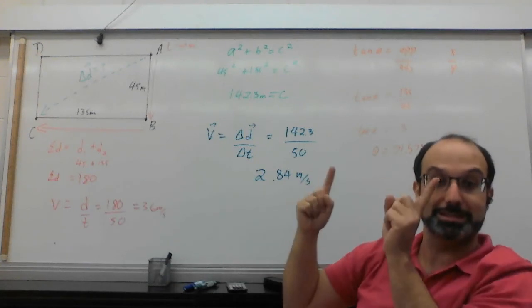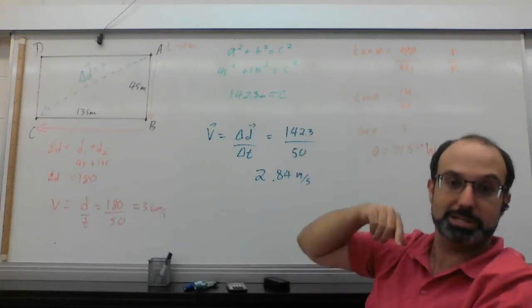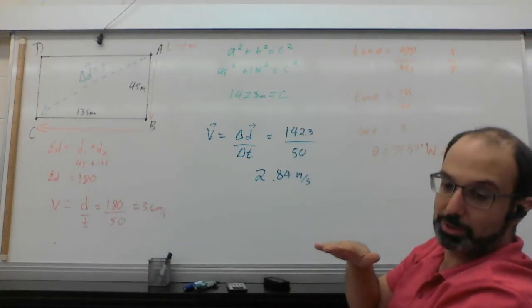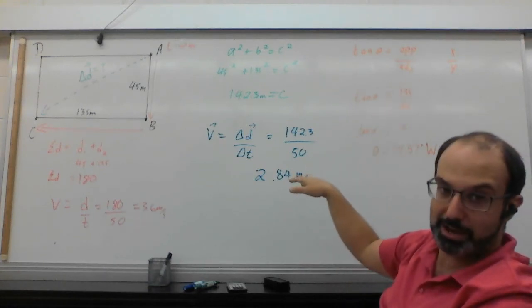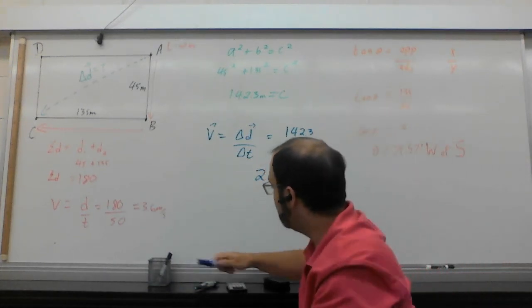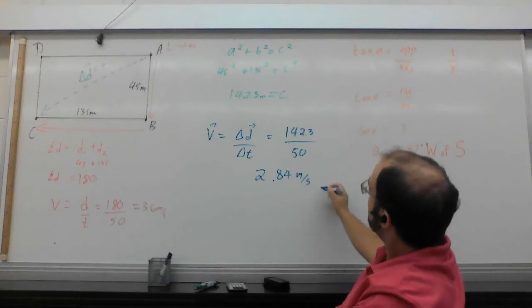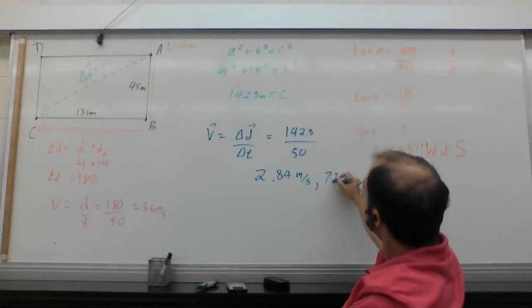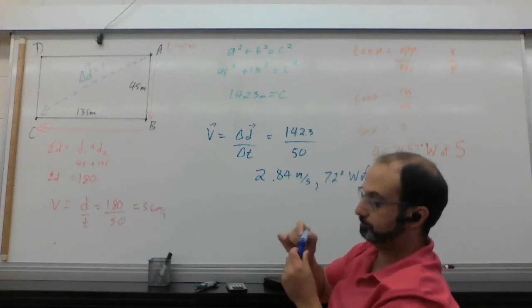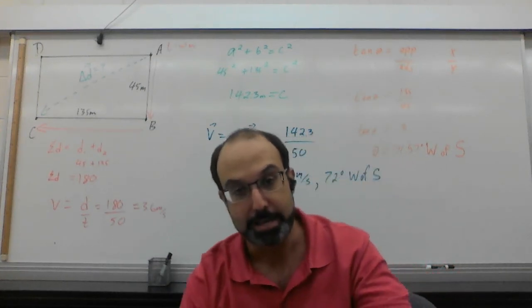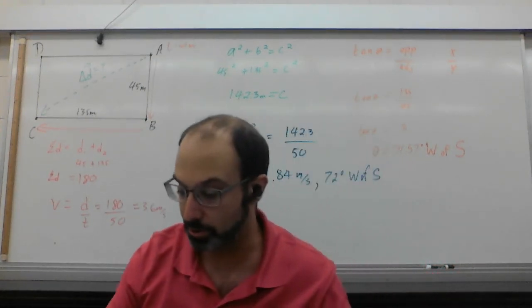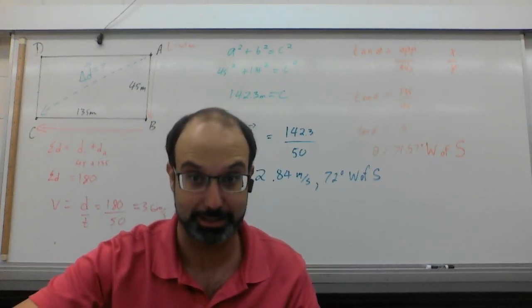This direction remains the same for both of them. So once I did it once, I'm done. I don't have to do it again. I can just throw the number down in here. So I can come over here and I can say 2.84 comma 72 degrees west of south. And that's it. That is all that you need to do in order to do velocity.